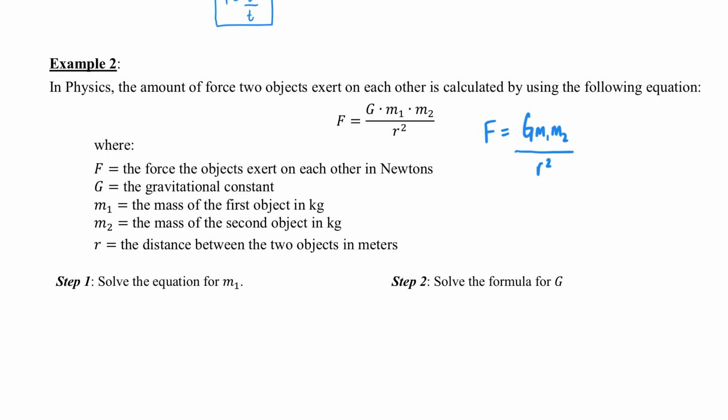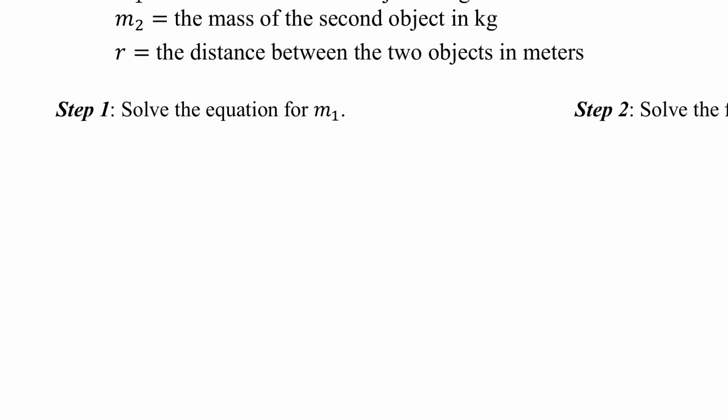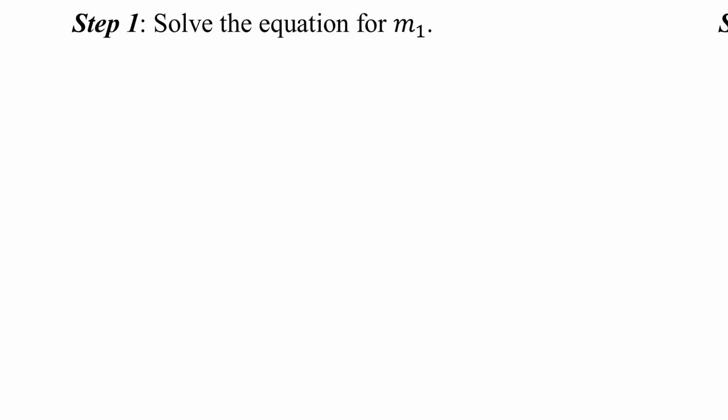Okay, so let's go ahead and let's come down here and let's actually write out the equation again. I don't know why it's not letting me zoom. There we go. Okay, so let's write out our equation here. F, the force between two objects, is equal to the gravitational constant times M1 times M2 over R squared.